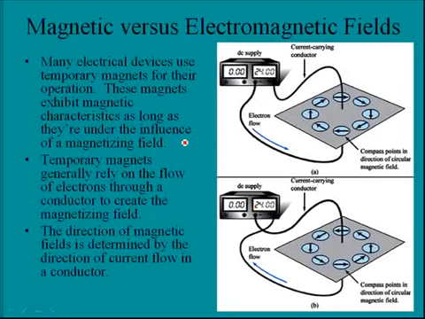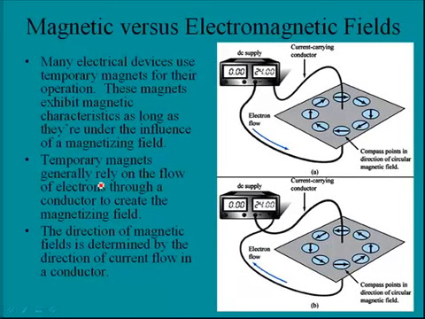Magnetic versus electromagnetic fields. Many electrical devices use temporary magnets for their operation. These magnets exhibit magnetic characteristics as long as they're under the influence of a magnetizing field.